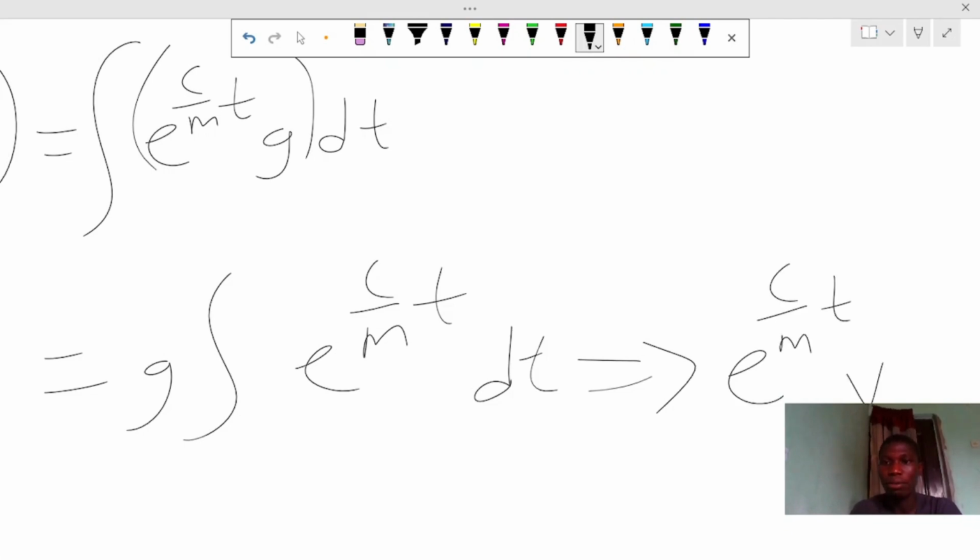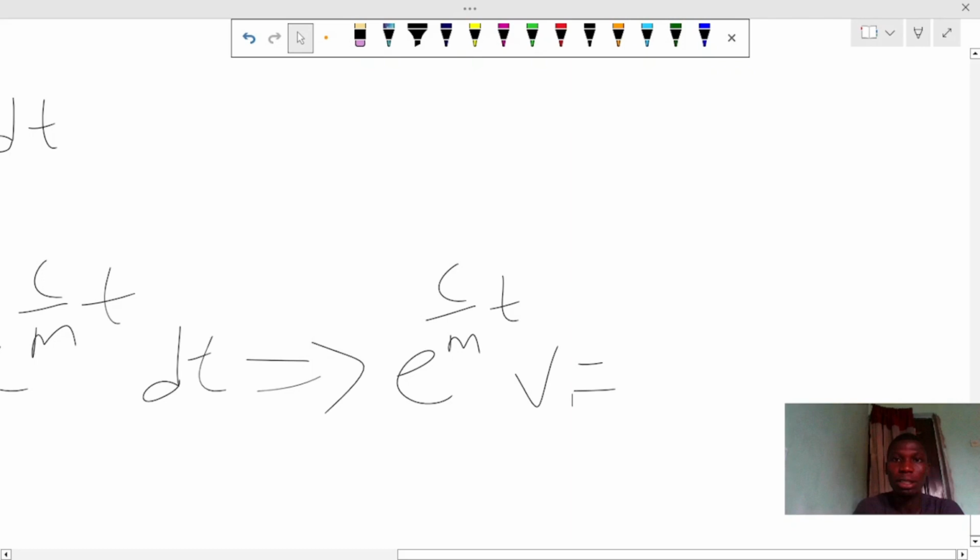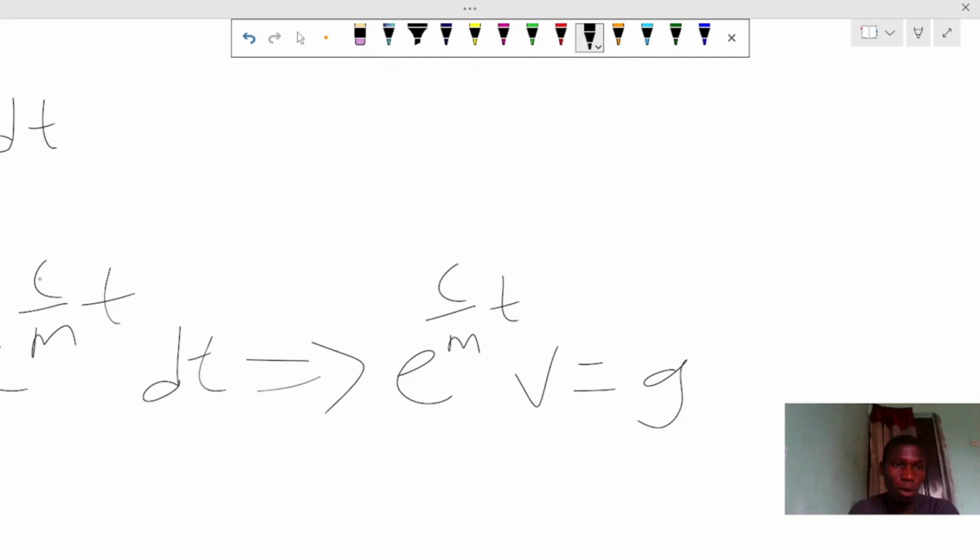v times e to the power of c over m t equals g, and when we integrate this part, we just take the reciprocal of this and multiply by what we are integrating, and the rest remain the same.